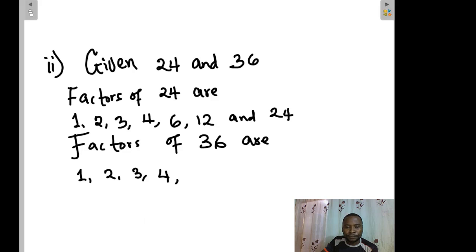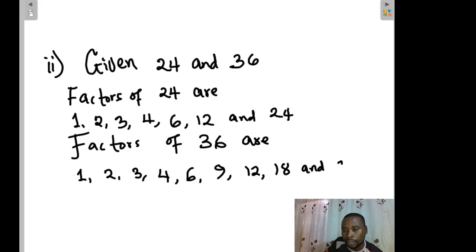Okay, so 4 is a factor of 36. Then after that we have 6. 6 sixes is 36. Then 7 is not, 8 is not, 9 is, 12, 18, and 36. Great. So we see that.